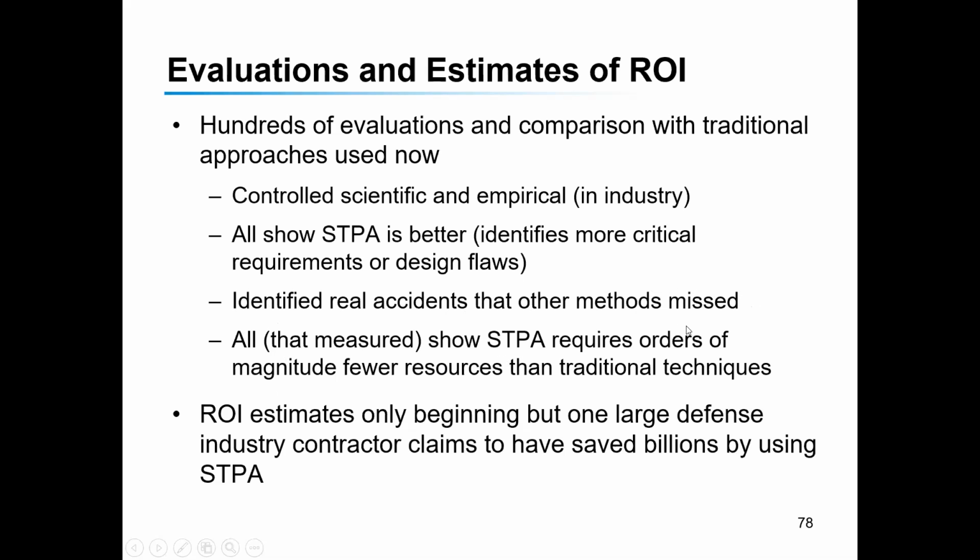And everybody that's measured shows that this is surprising. STPA requires orders of magnitude fewer resources than traditional techniques. We don't know about a return on investment. We're only getting some estimates now. One large defense industry contractor that uses STPA extensively claims that they have saved billions of dollars by using STPA, mainly because they find the errors early.